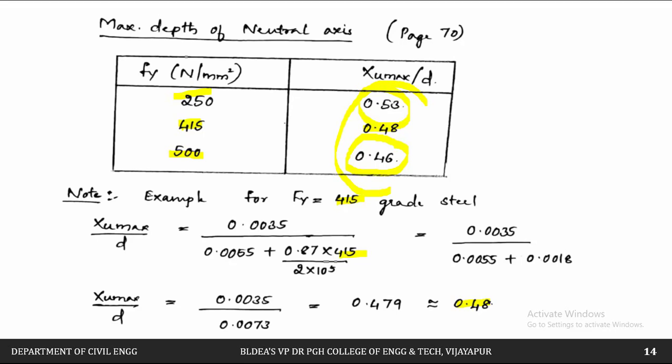Similarly, you can calculate, and we are going to get the values shown in this table. So this is nothing but the maximum depth of the neutral axis. If it is going to exceed this, our failure will be a brittle failure or compression failure, which we are avoiding. Therefore, if you want to have an under reinforced section, we have to take care of this limitation.